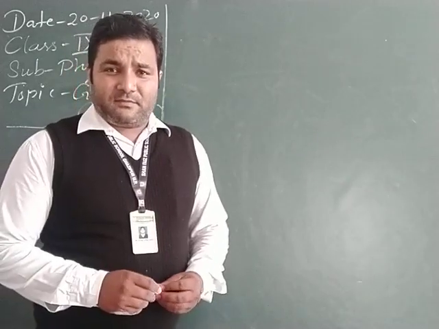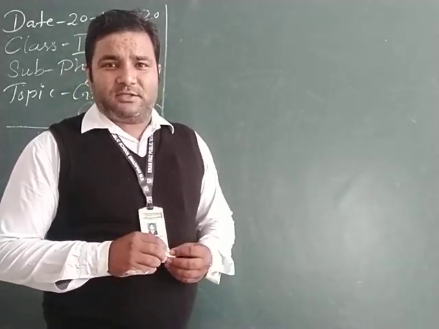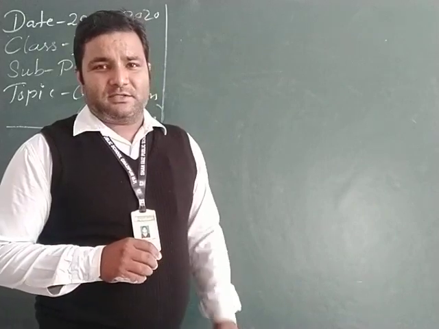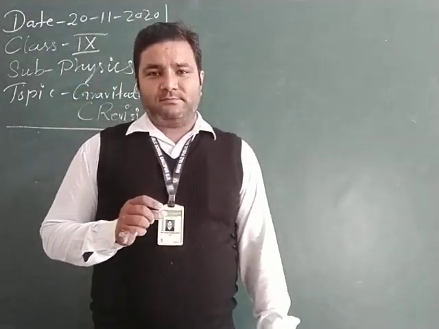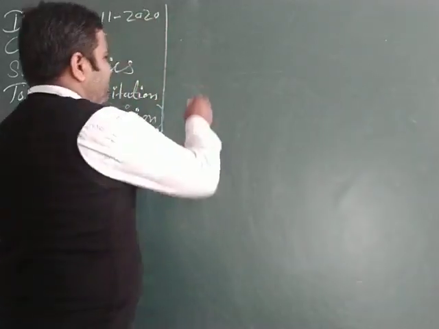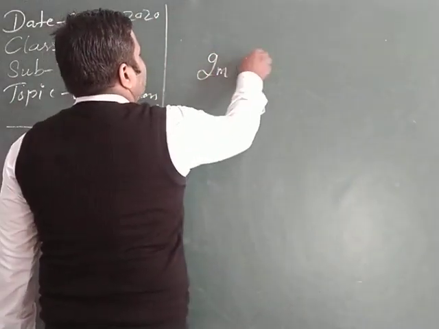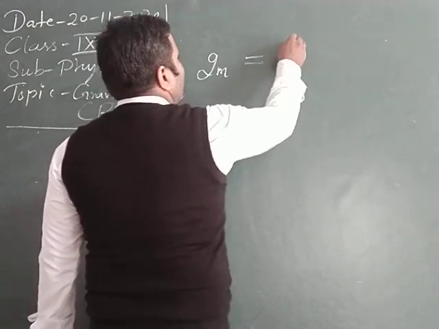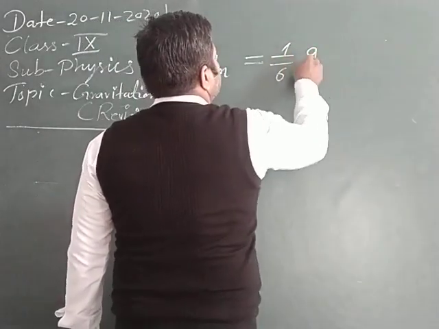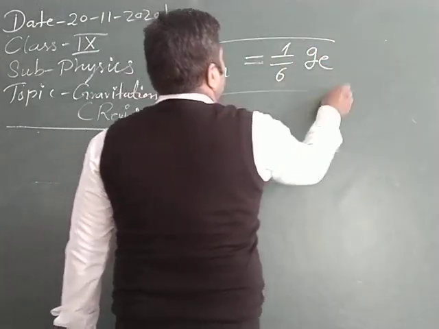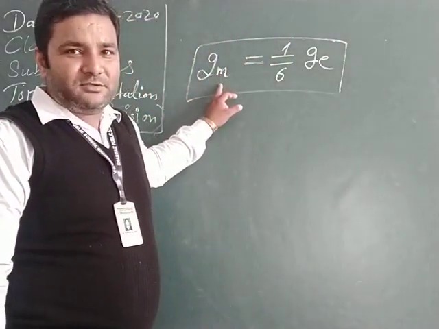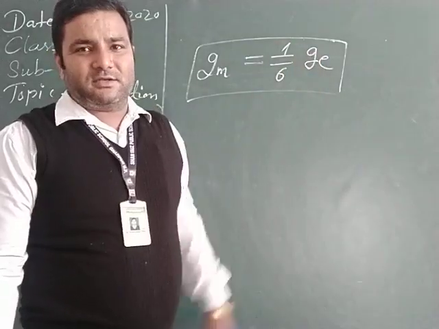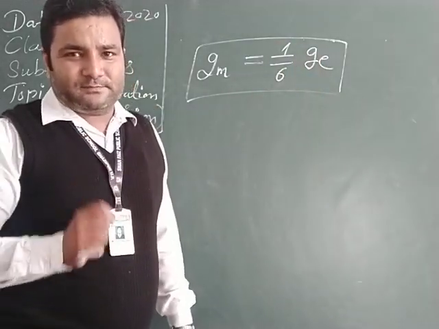A special question that is always asked in examinations: the value of gravity on the moon, Gm, is equal to 1/6 of Ge. It is a well-known question. The value of gravity on the moon's surface is 1/6 of gravity on the earth's surface.